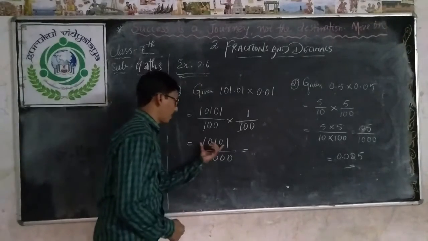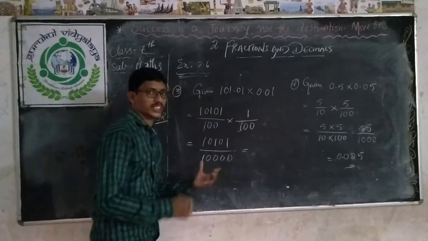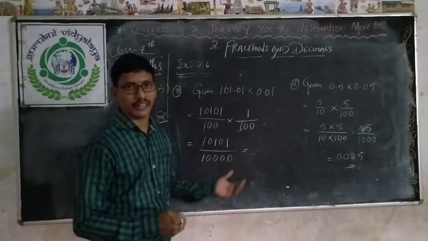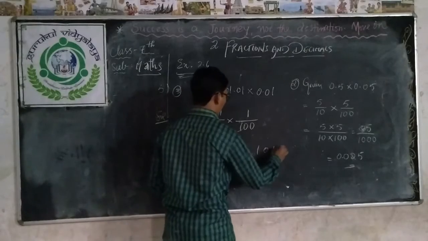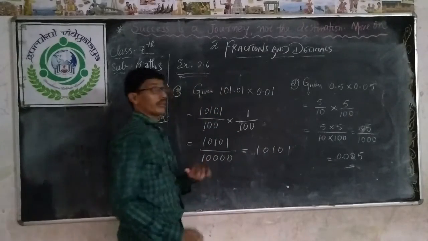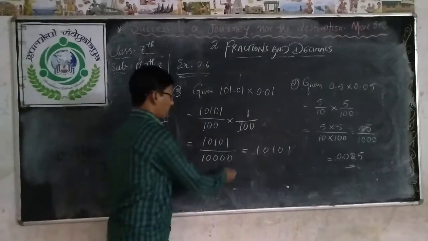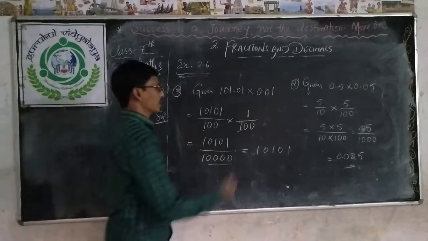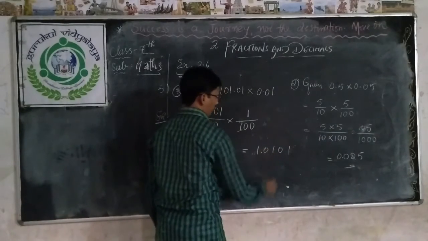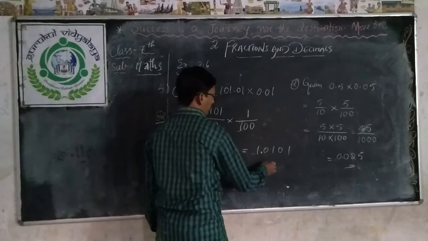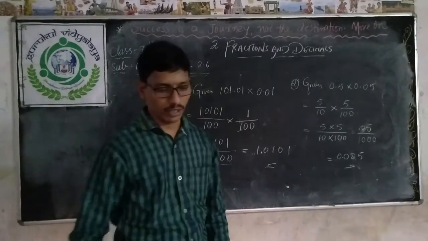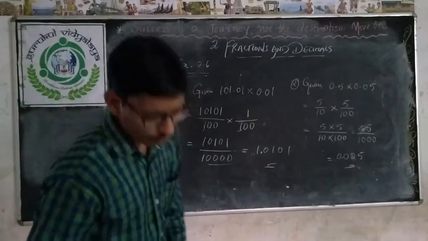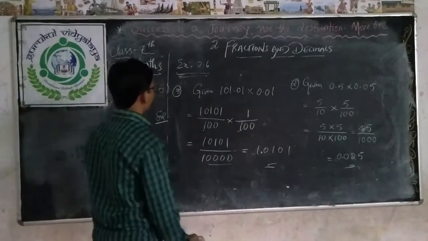So here totally 5 digits, here 5 digits. So digits are same in both numerator and denominator. So directly you can write the numerator here, 10101. Then where you have to keep the decimal point. Here total how many zeros are there? 4. So 4 digits after you can keep the point. 1, 2, 3, 4. So what is the answer? 1.0101 is the answer.